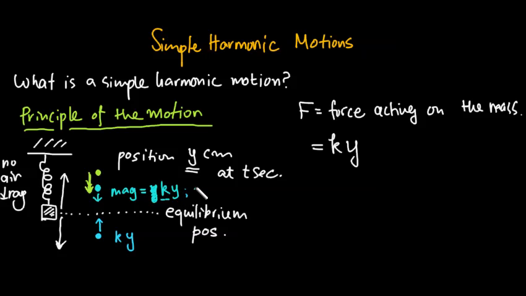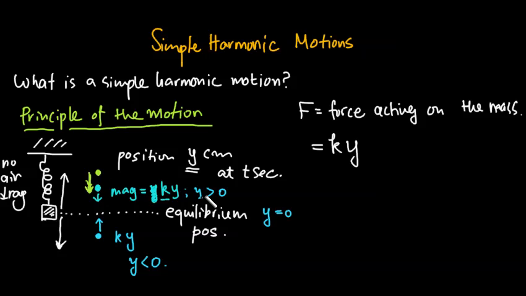Here you can see y is a positive number. If we set the equilibrium position at y equals 0, then down here y is a negative number. So y itself has a sign built in, and we have to use this sign to implement the force part, so that it indicates which direction the force is acting.